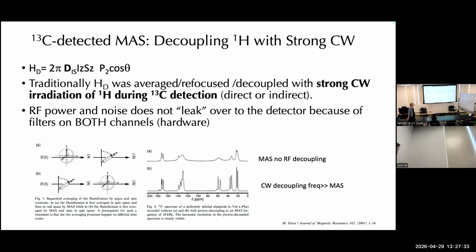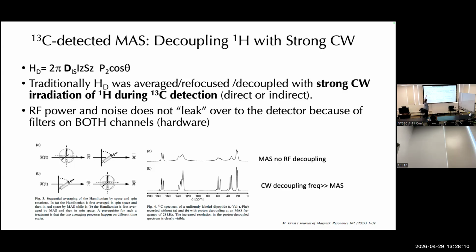What we've been doing traditionally in the field, from the 50s up till sometime in the 90s, I think, you just turn on a really strong irradiation on the proton channel while you're detecting the carbon, whether it's indirect or direct. Having that much irradiation on the proton channel and having your receiver hooked up at the same time normally should give a person pause.